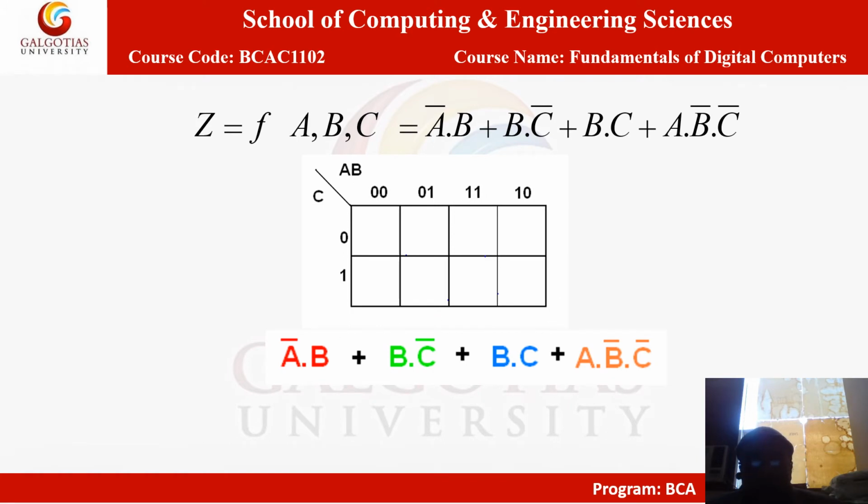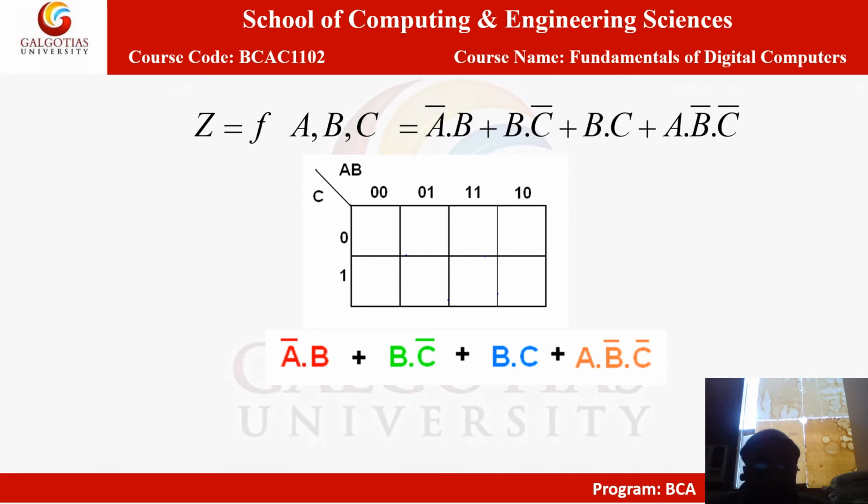Now another question. This is another expression given. So let's try again. How to solve this? The first term is A bar B. A bar B means A value 0 and B value 1.